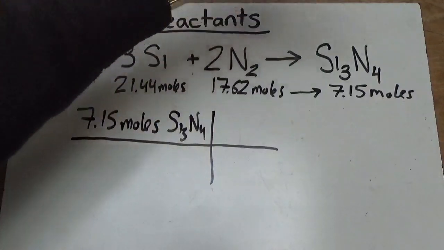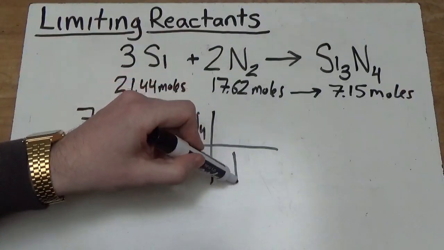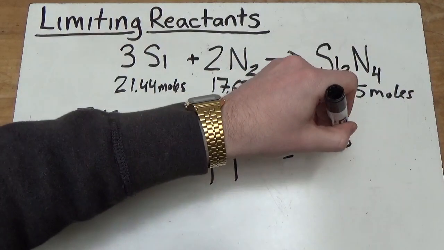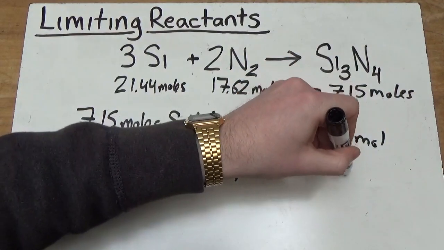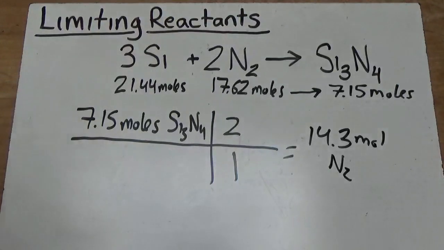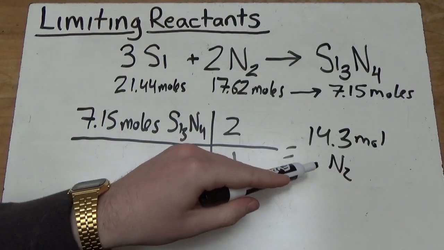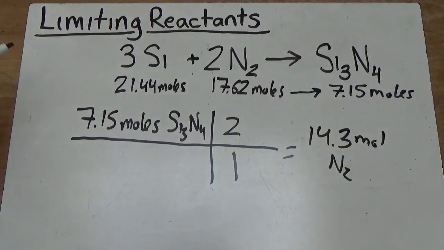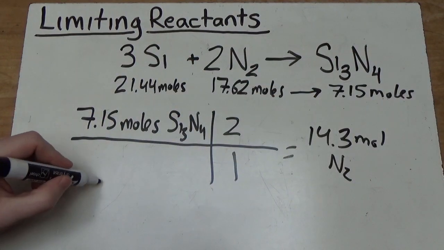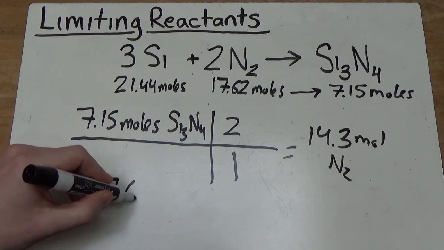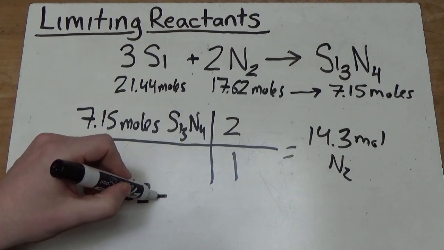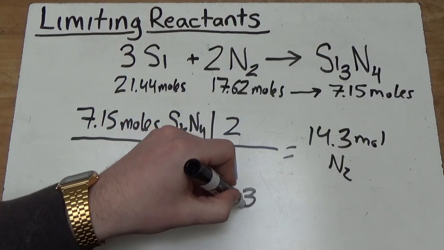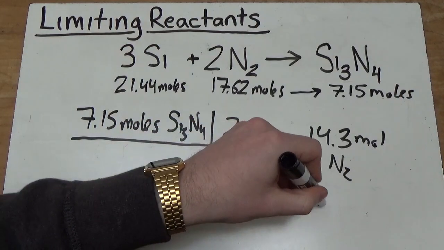The ratio of these is 1 to 2. And my answer is 14.3 moles of N2. And this number here is the amount of N2 that I used to make 7.15 moles. So to see how much I have left, I'm going to do 17.62 minus 14.3, and you get 3.32.